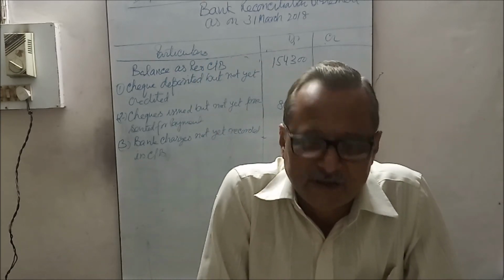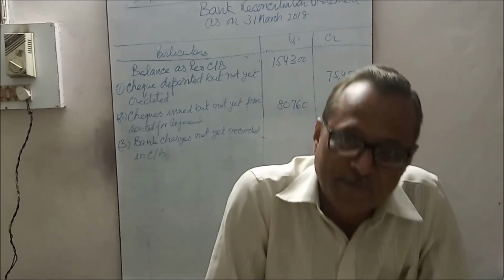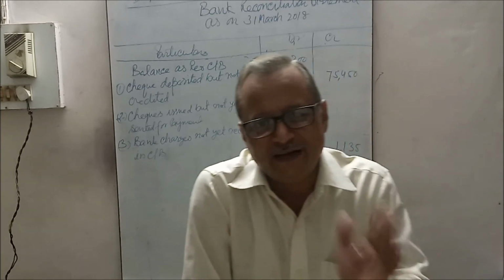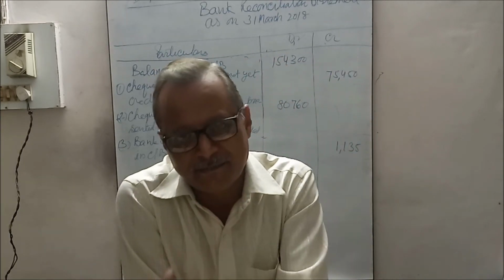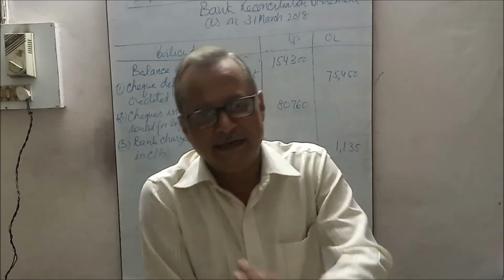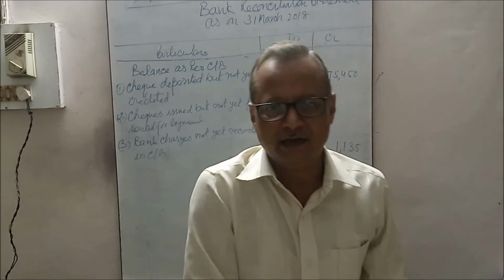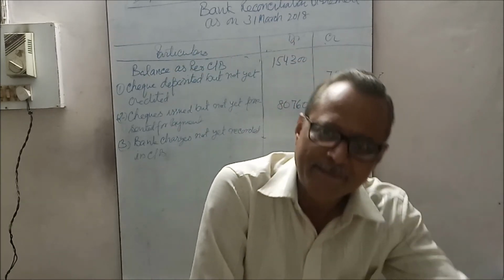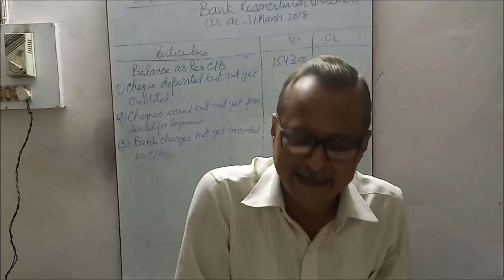Checks received by the bank directly from traders. That means any trader or customer of the business directly deposited in the bank account. So that was credited in the passbook, not debited in the cash book.